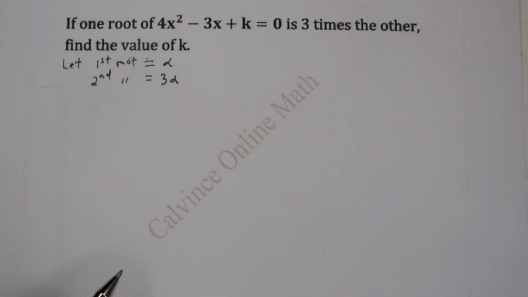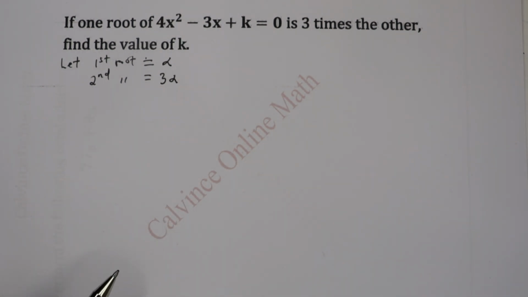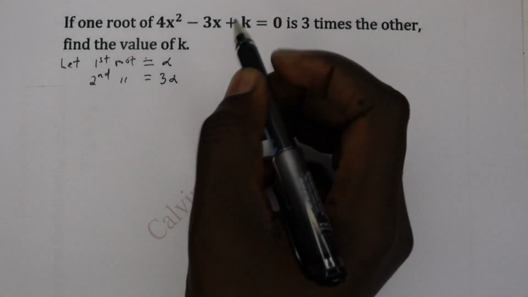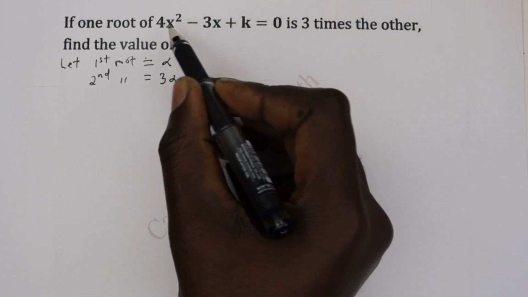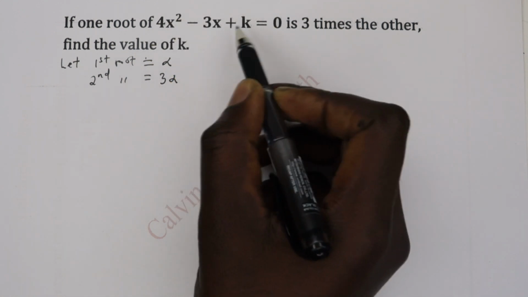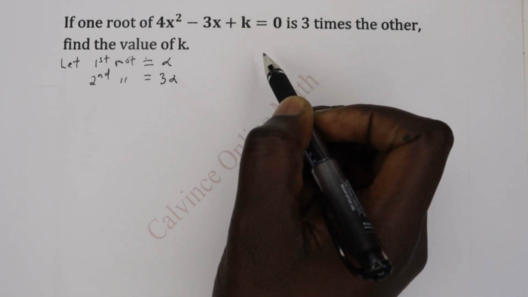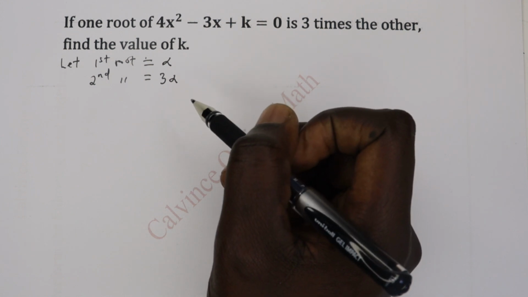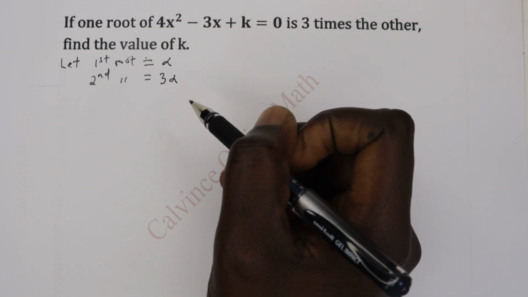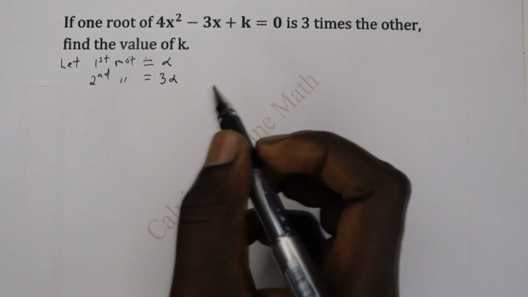The next thing we're going to do is identify the sum of roots and the product of roots. Before we do that, we're going to have to identify a, b, and c in this equation so that we can relate that with the sum of roots and the product of roots.